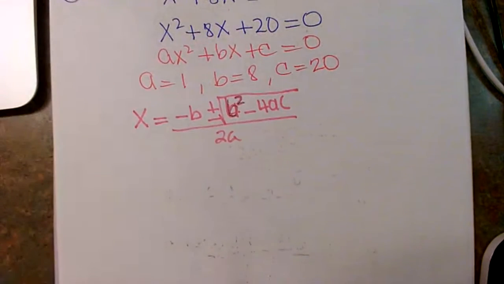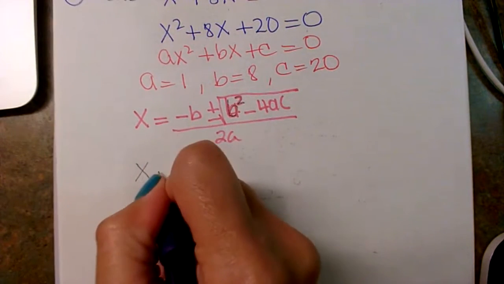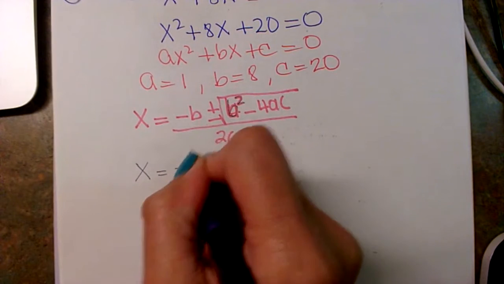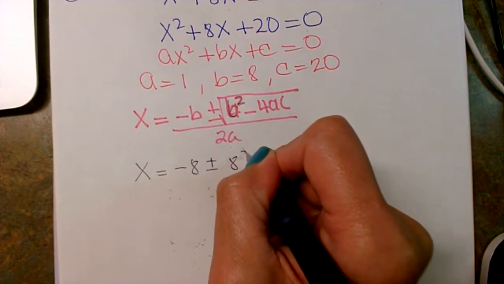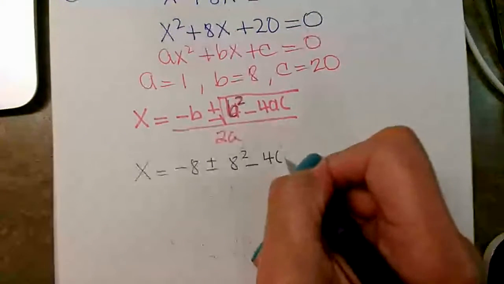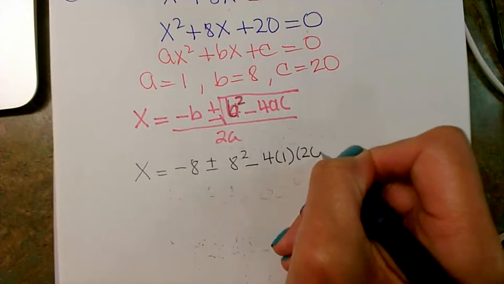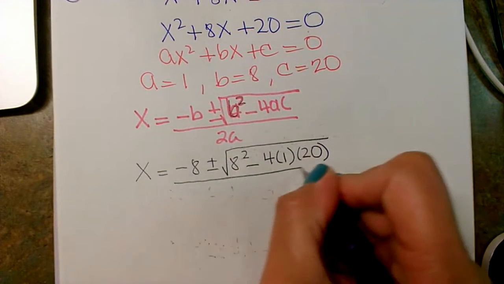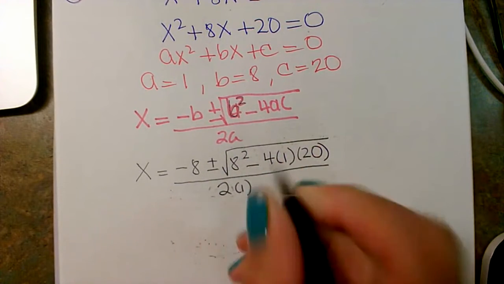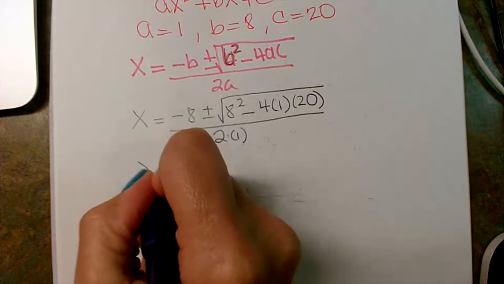So let's just minus the 8 plus and minus 8 squared minus 4AC. That's the square root of that over A. So what do I get?